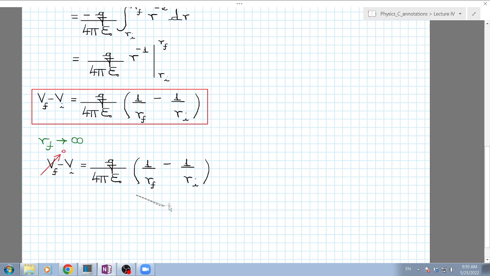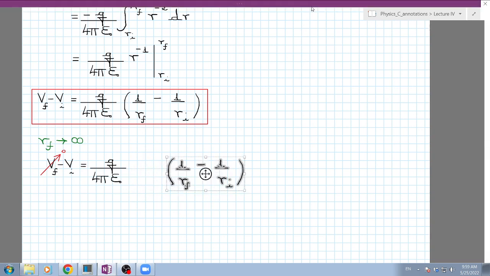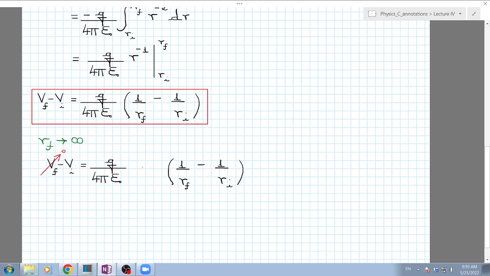It is zero, and of course I have to calculate the limit here. Mathematically speaking, this corresponds to calculating this limit as r_i goes to infinity.